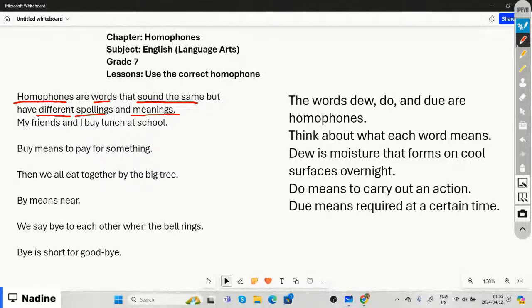If we look at a few words that are homophones, these are words with the same sound, but the spellings are different.